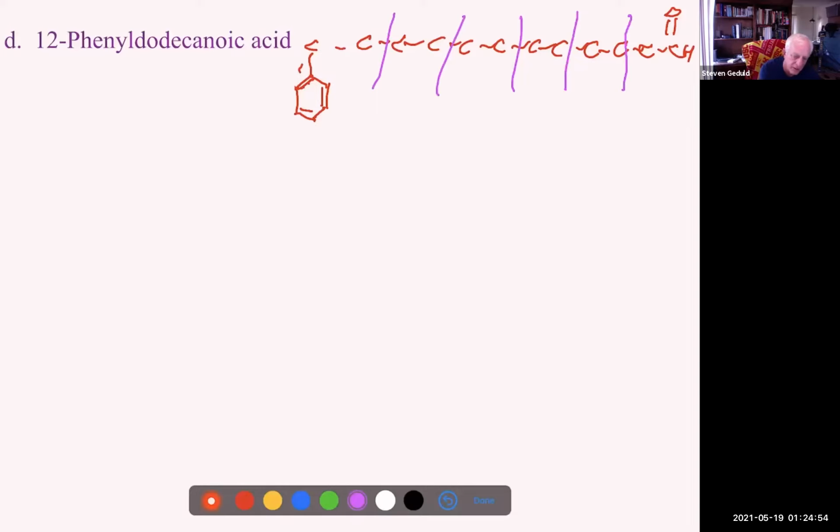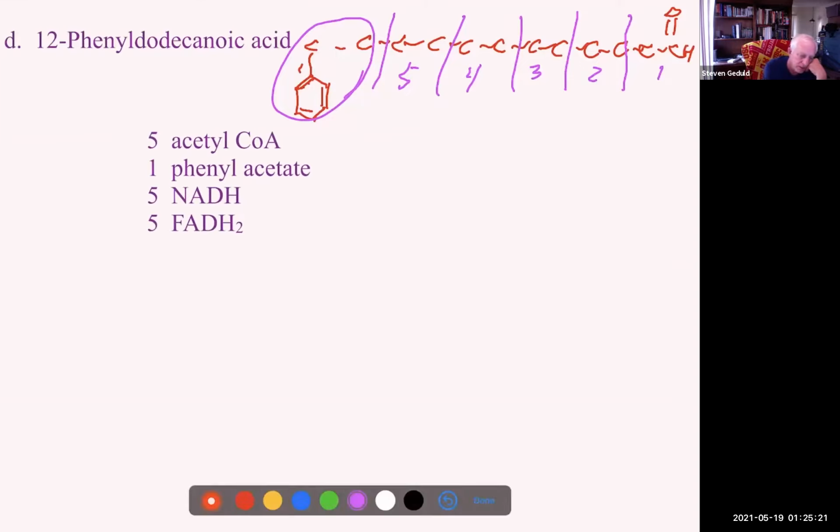So we're going to have 1, 2, 3, 4, 5 acetyl groups, and 1 acetylbenzene group. That's this right here. And we broke 1, 2, 3, 4, 5 bonds. We break 5 bonds, we have 5 NADHs and 5 FADH2s.